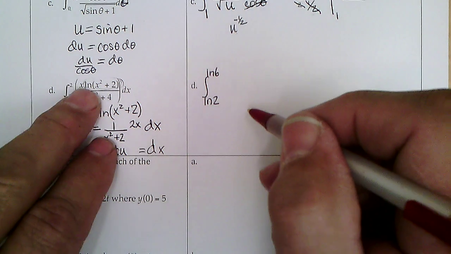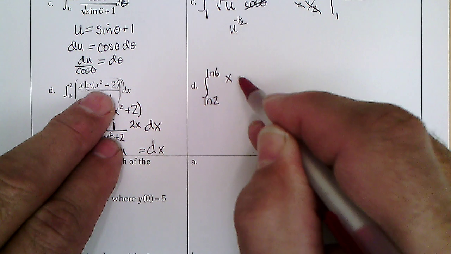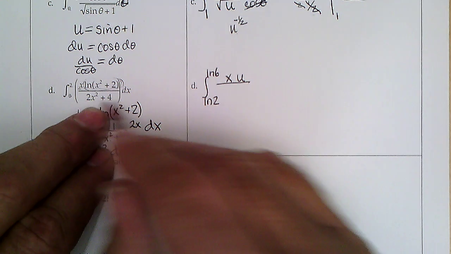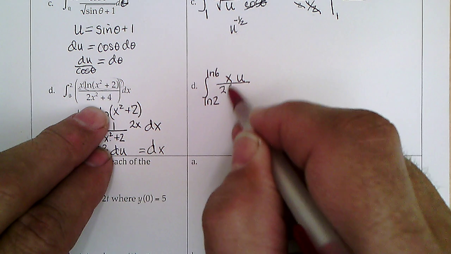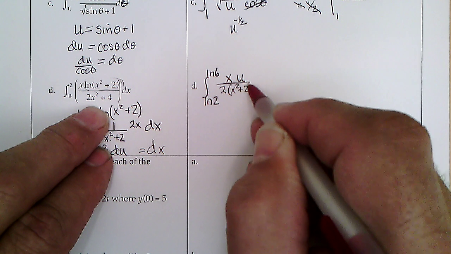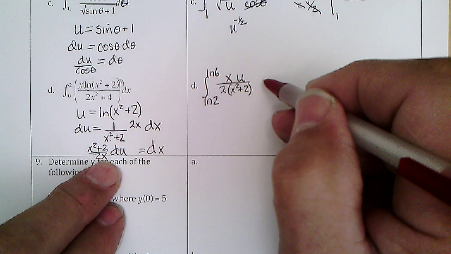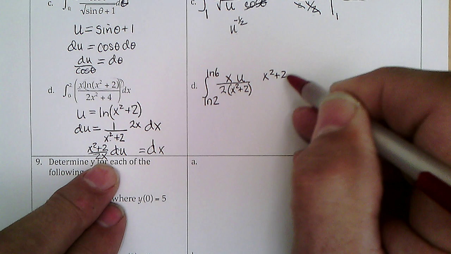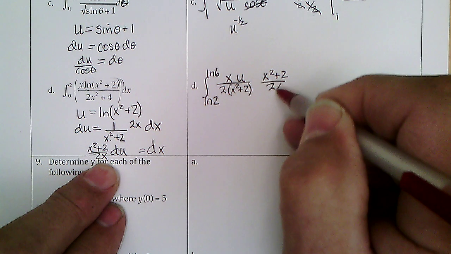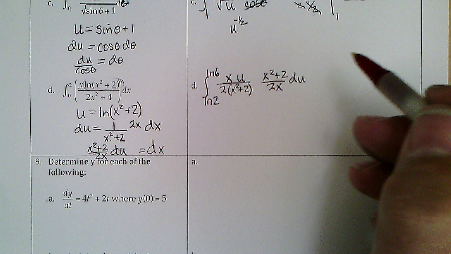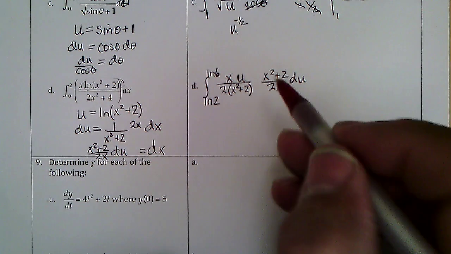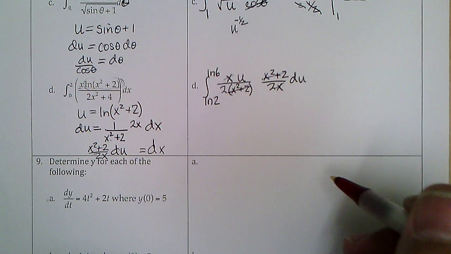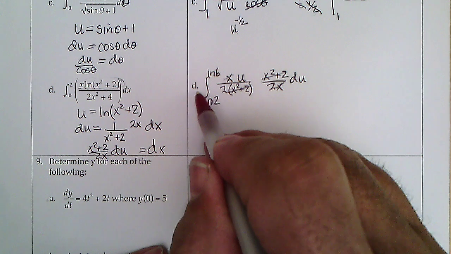And I would have x u over, let's see, if I factor 2 out of this, I get 2 times x squared plus 2. And then my dx is x squared plus 2 over 2x du. And this cancels. The x's cancel. And so I got 2 times 2, which is a 4 in the denominator.